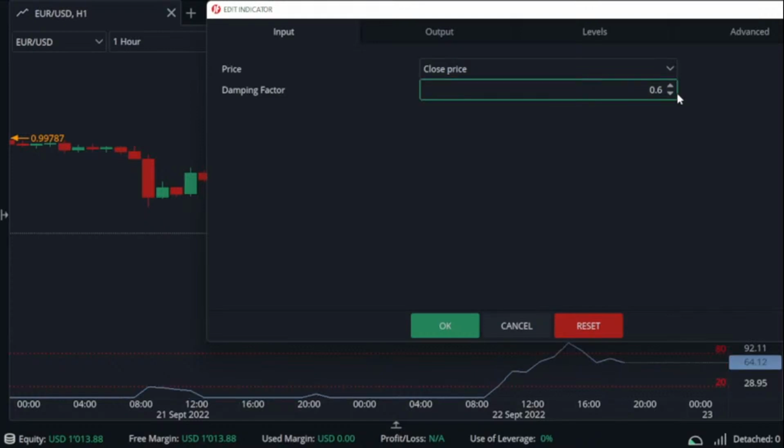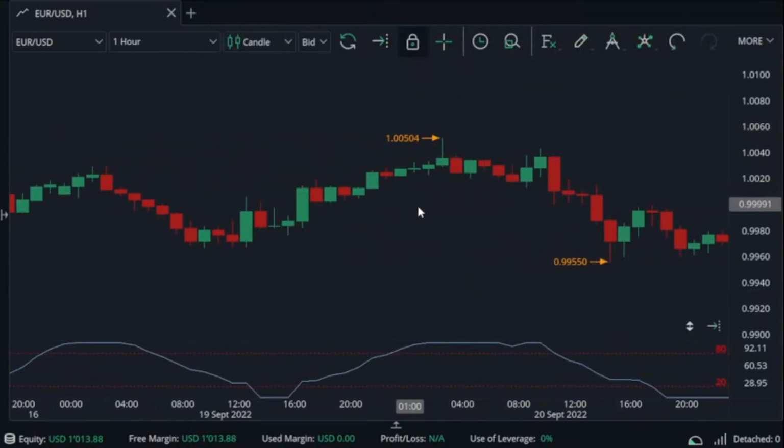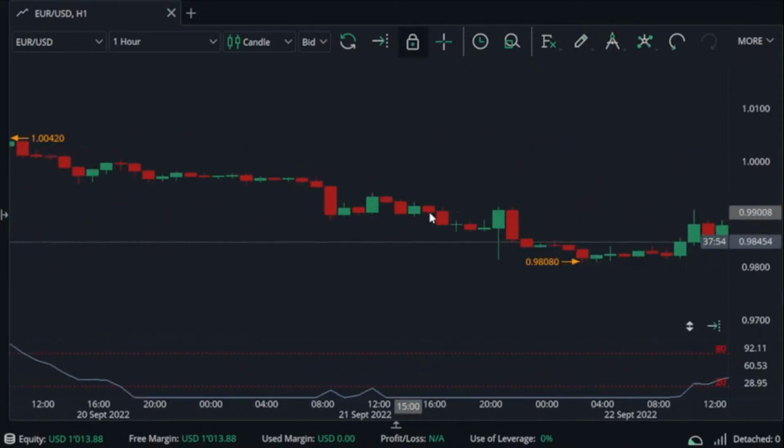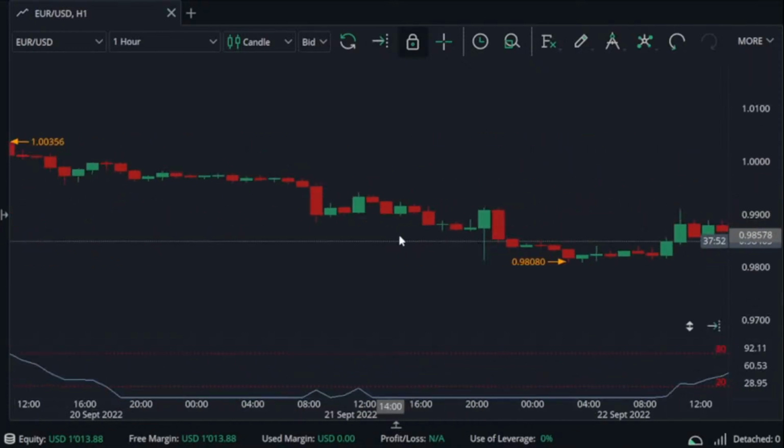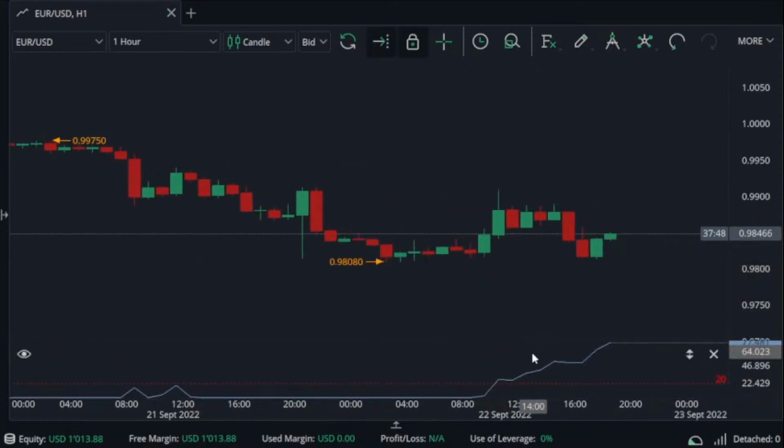As we have increased the damping factor, we are seeing the indicator is taking more time to respond. And if we consider this prior output, it has risen only recently.